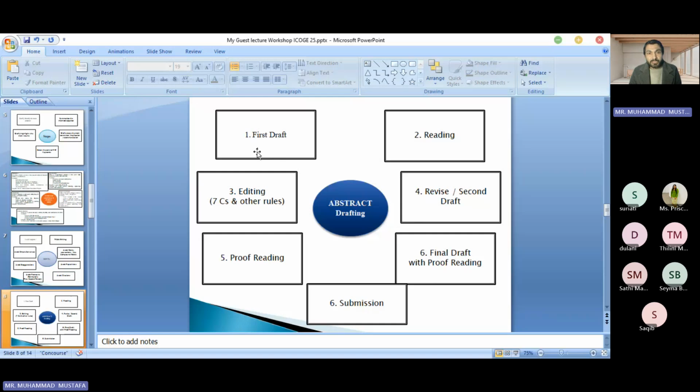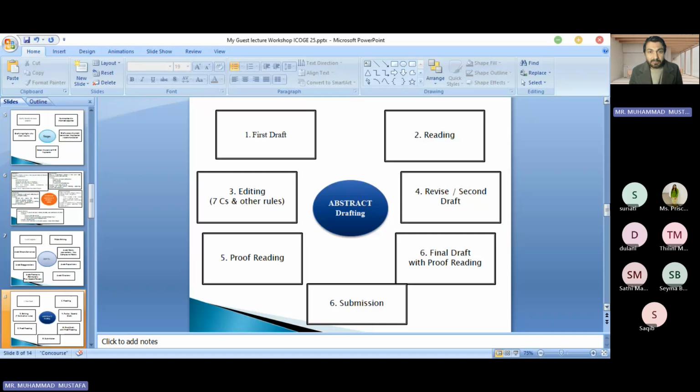when we just craft our abstract, that is called the first draft. And when we craft our abstract, we have to follow the demands and requirements proposed by the journal where we are going to submit our paper, or the demand of the conference.